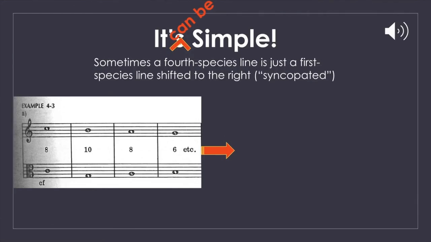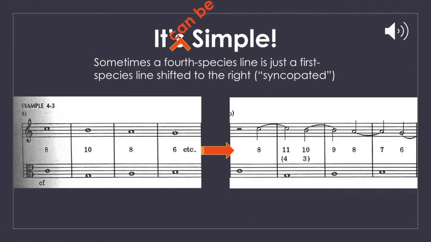So that's plain old first species. Now all we're going to do is take the notes in the upper voice and shift them over. Okay, so exactly the same notes, just shifted.